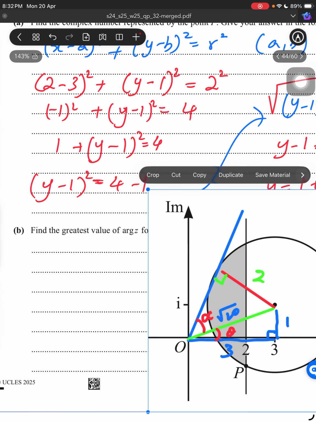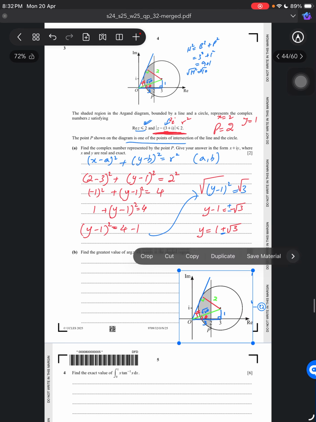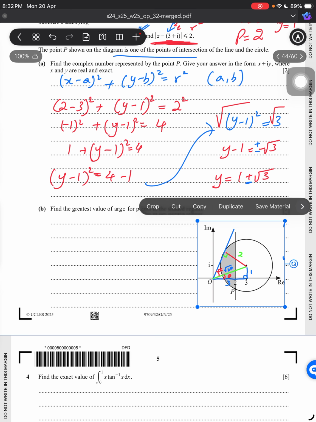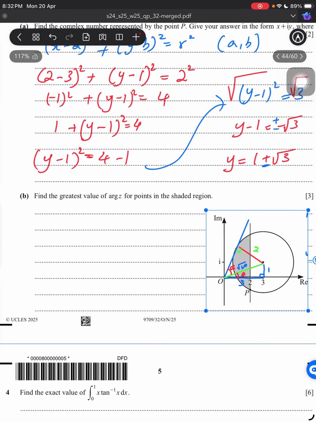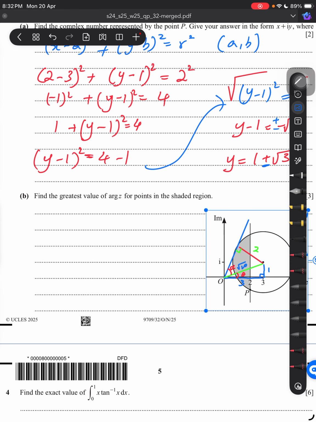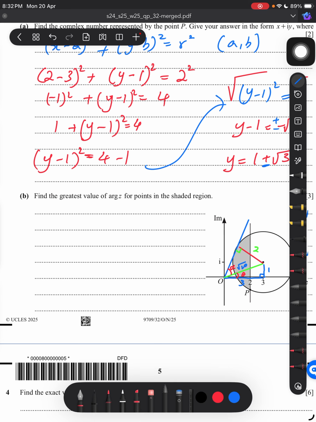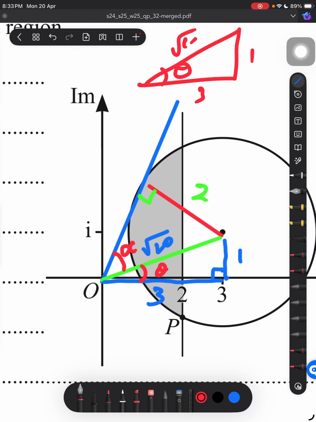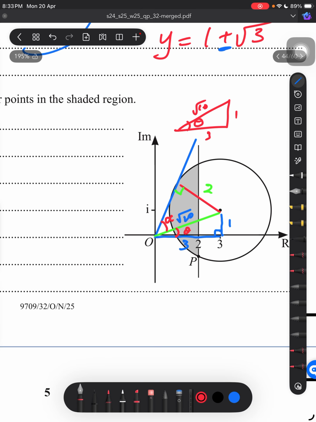We have this in front of us. Now we can plug in our data for the argument. The greatest argument involves two angles. One considers this triangle, theta, with 3 here, 1 here, and this is under root 10. So first would be sine.